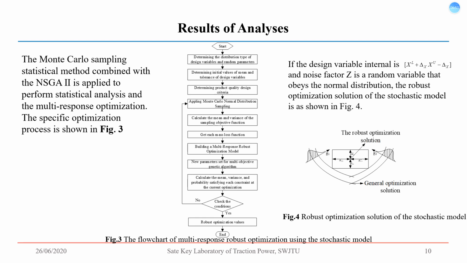If the design variable interval is XL plus delta X, XU minus delta X, and noise factor Z is a random variable that obeys the normal distribution, the robust optimization solution of the statistical model is shown in Figure 4. From Figure 4, we can find the robust optimization solution and the general optimization solution and find the difference between the two methods.